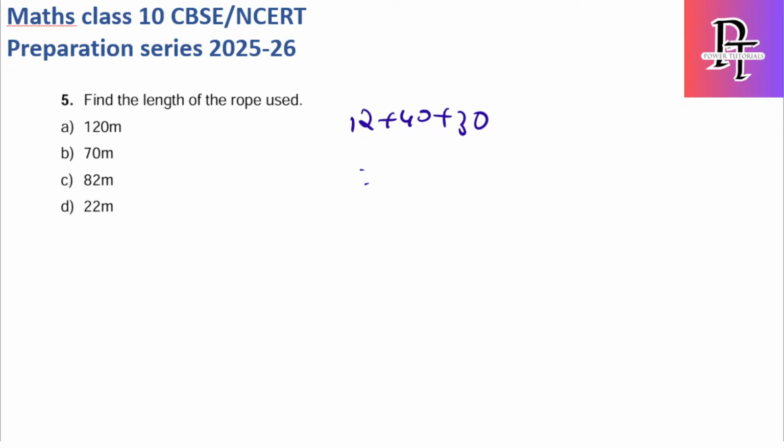Seventy plus 12 is 82, which is option C.